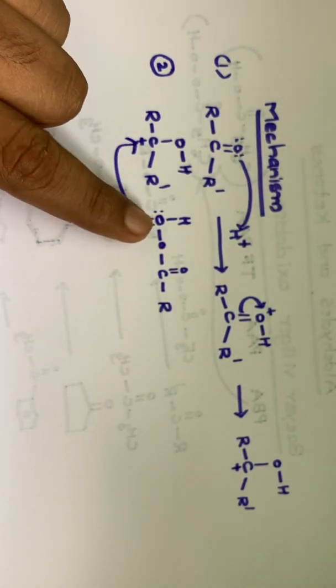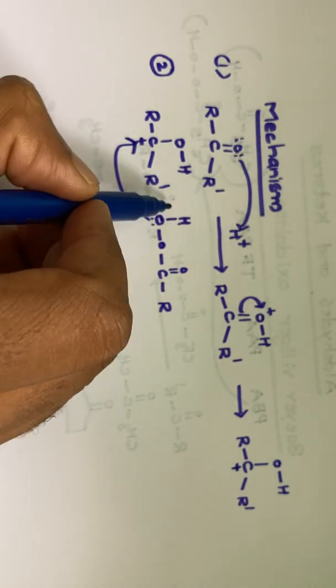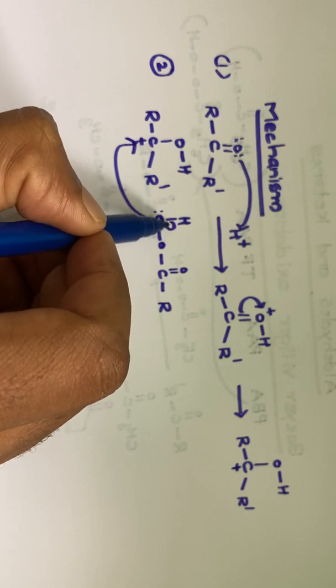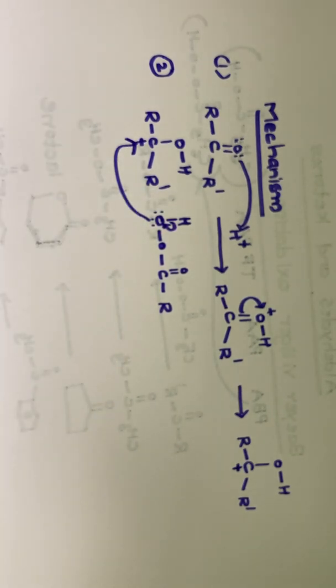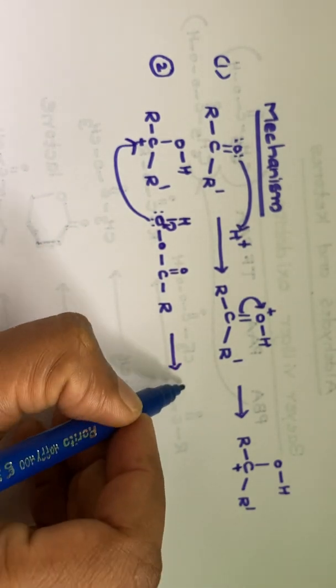So this oxygen is forming a new bond. A new bond will be formed, the old bond should break. This hydrogen goes off, leaving the electron here. So it results in the formation of an intermediate like this.